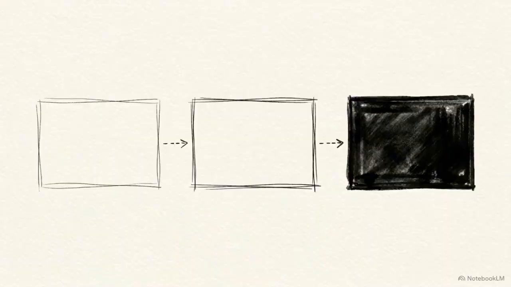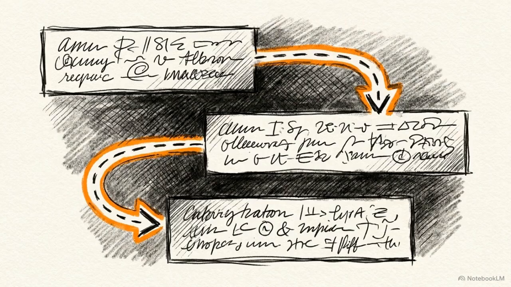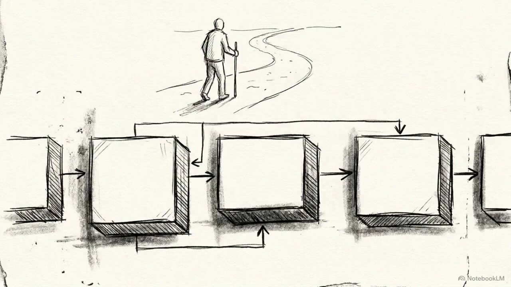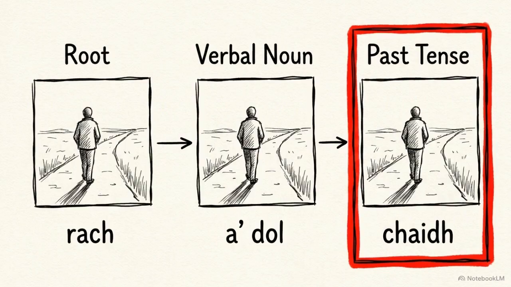The most effective way to learn these verbs is to group them into a 3-part family. Connecting the root, the verbal noun, and the past tense ensures you recognize the word no matter the context. This typographic layout tracks the verb for go. We start with the dictionary root, rach, move to the verbal noun, adal, and resolve into the past tense, kai.